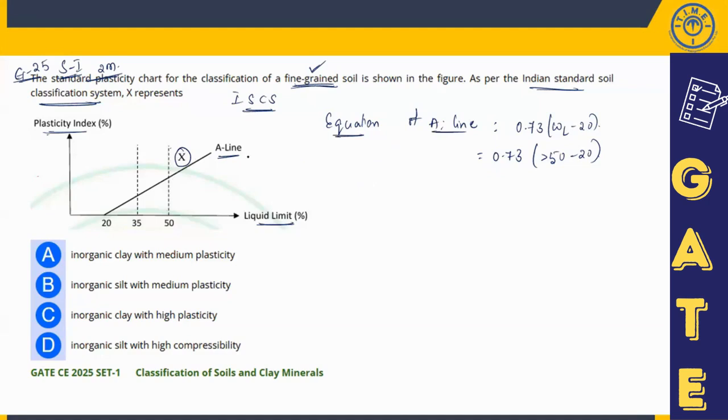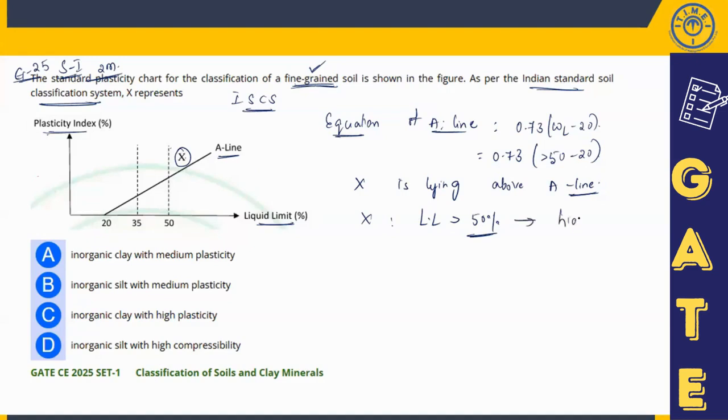Already I can say soil X is lying above the A line, and soil X is also lying to the right of the liquid limit of 50%. That means soil X has a liquid limit greater than 50%.